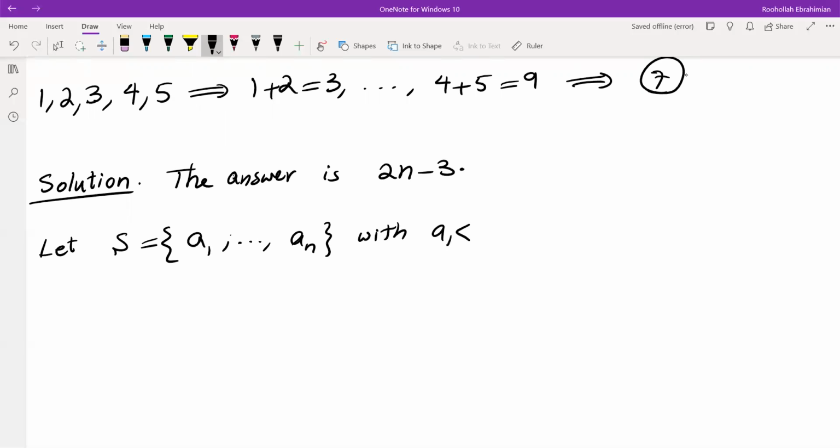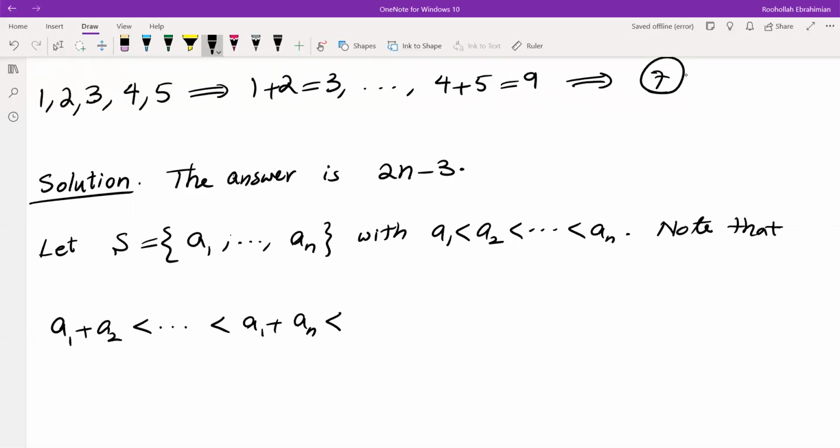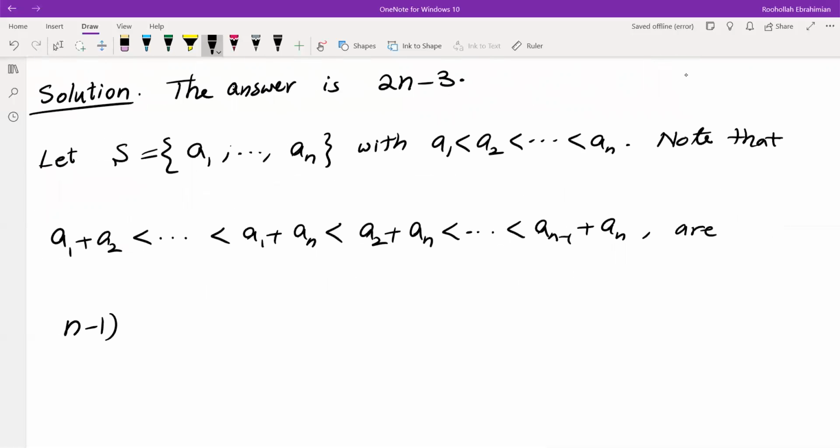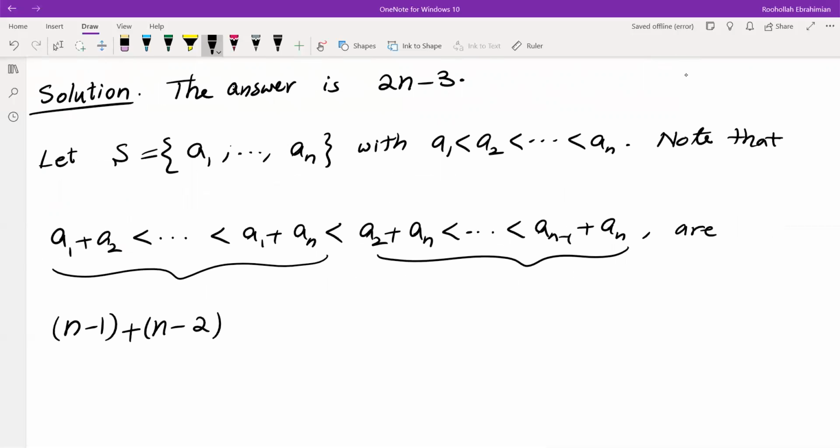With a1 less than a2 less than ... less than an, note that a1 plus a2 all the way to a1 plus an, a2 plus an, all the way to a(n minus 1) plus an, or so n minus 1 from the first terms and n minus 2 from the second set of terms.